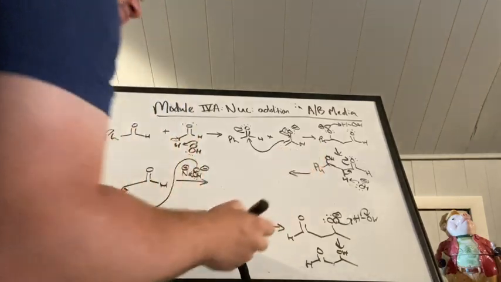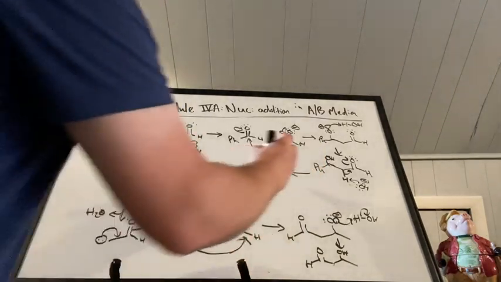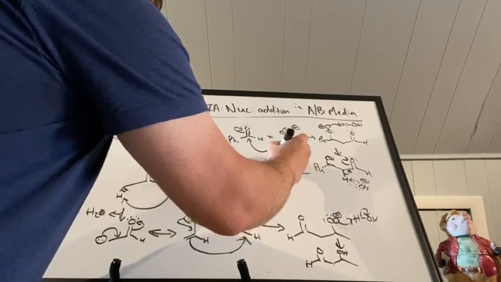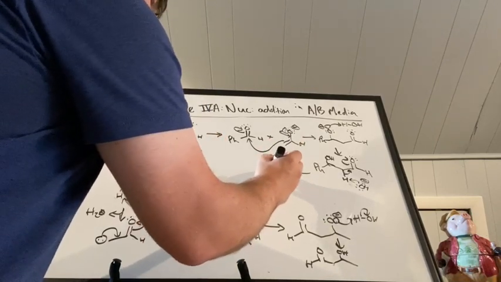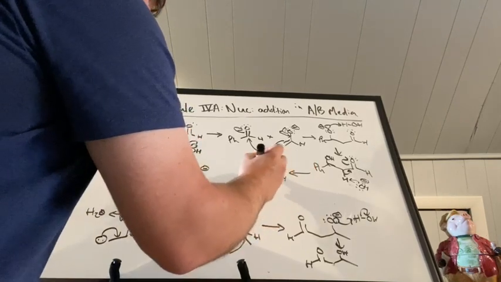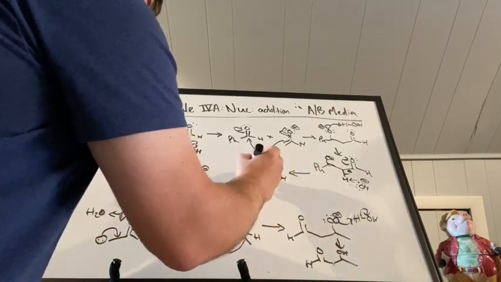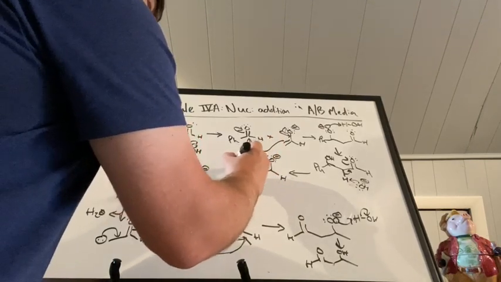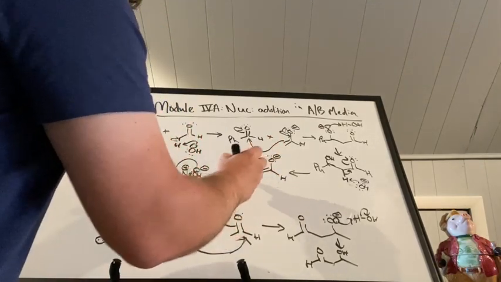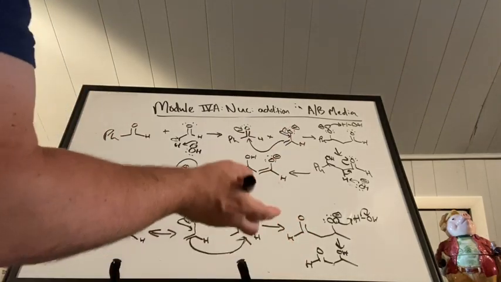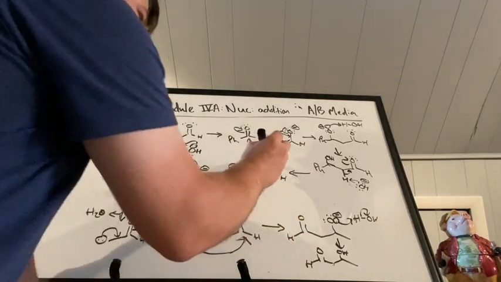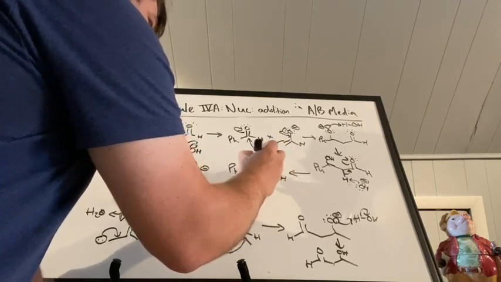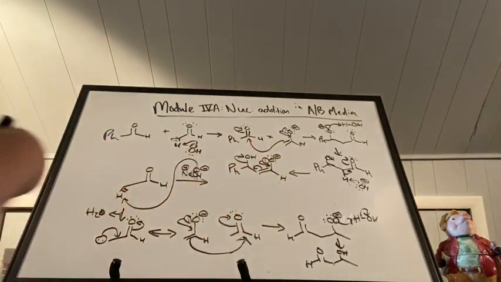Right? So we typically don't think of OH groups as being good leaving groups at all. Right? But again, conjugation is really going to drive this particular mechanism forward, kicking everything off.